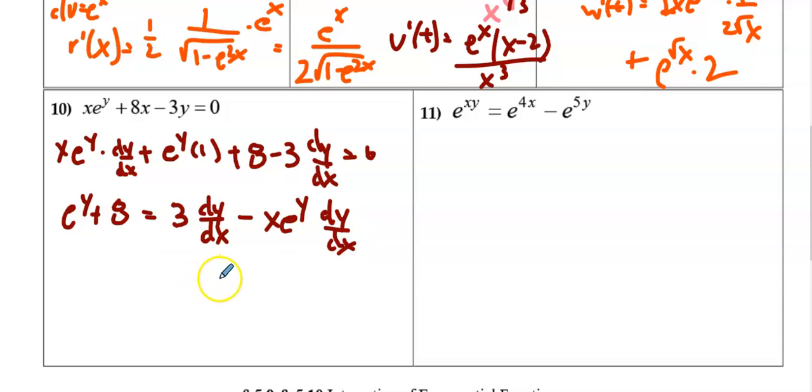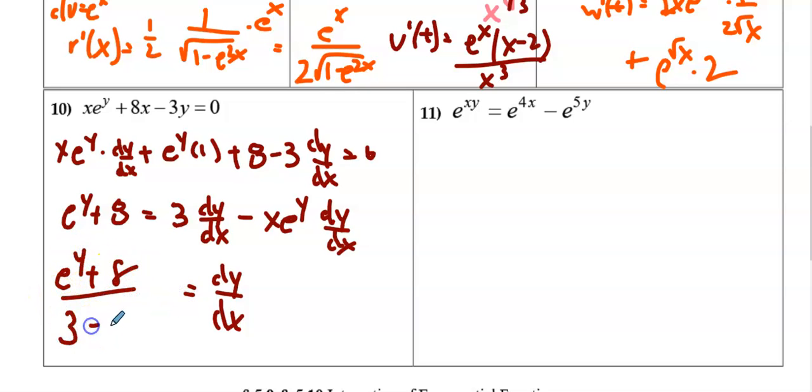And then you guys can see with this, I would undistribute this, but I think you guys are very intelligent people, so you know what I'm doing here. And I get this is my answer. So e to the y plus 8 all over 3 minus x e to the y. And so that's going to be our answer for question number 10.